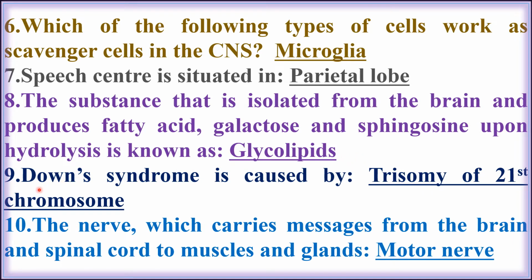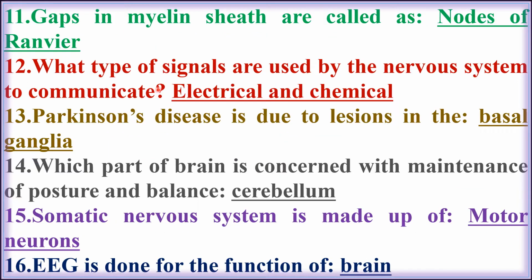Next, Down syndrome is caused by trisomy of 21st chromosome. Next, the nerve which carries message from the brain and spinal cord to muscles and gland is called motor nerve. Next, gap in myelin sheath are called as node of Ranvier.